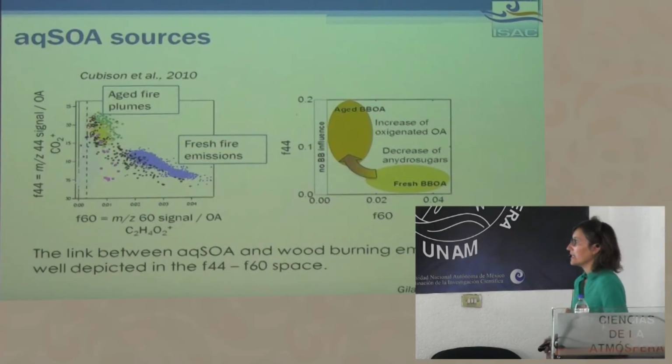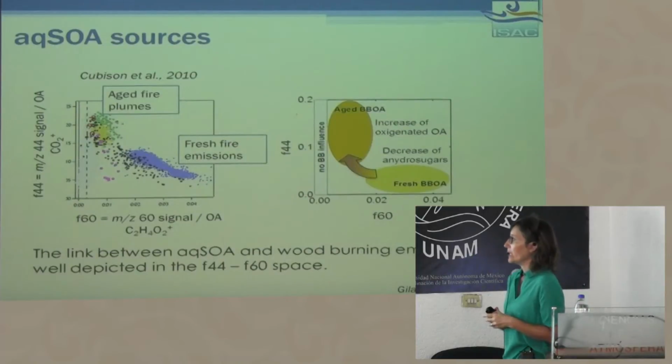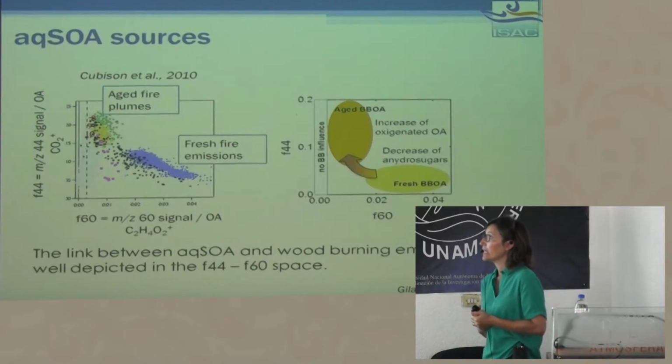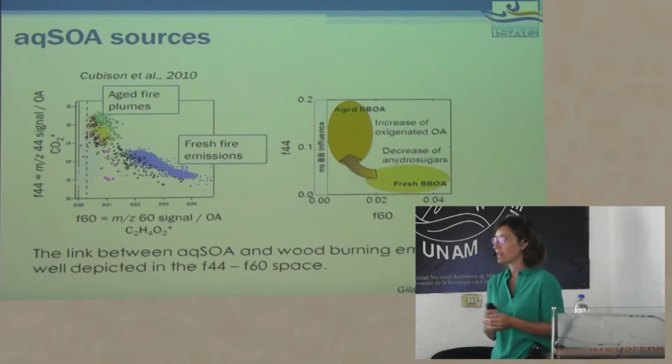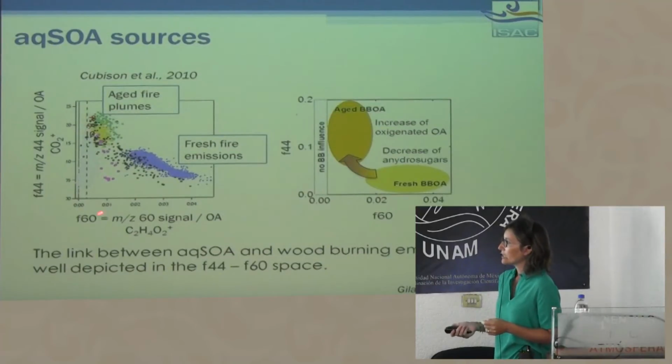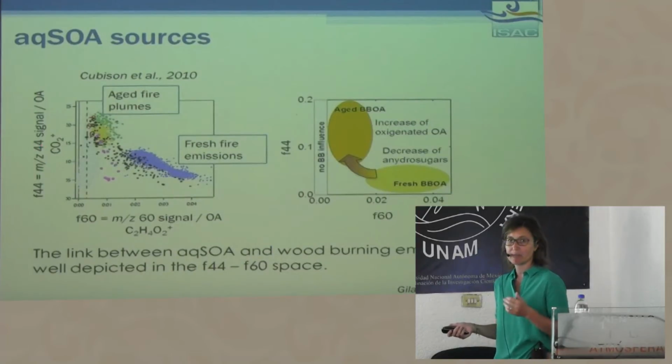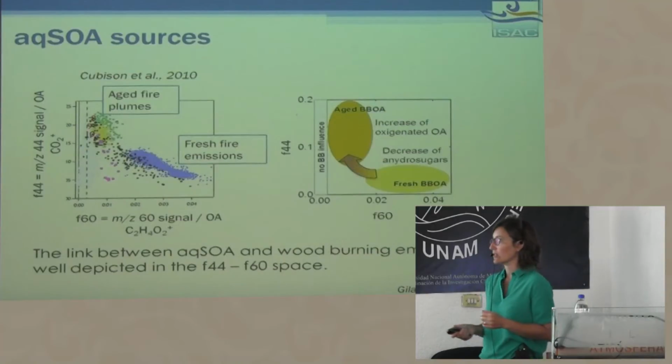To make the link between aqueous SOA and biomass burning stronger, we use the Cubison et al. kind of graph. This diagram reports on the y-axis the F44, on the x-axis the F60. F44 is the ratio of the signal measured by the AMS at m/z 44, normalized over the organic aerosol concentration.